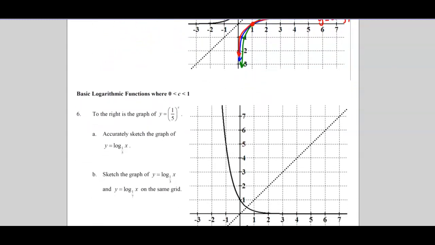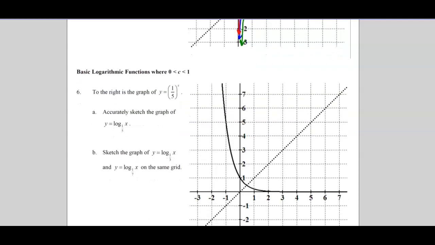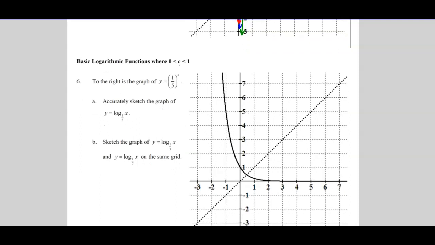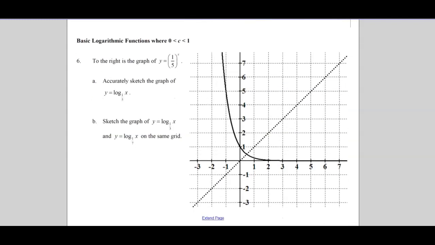Okay, so that's for c being positive and greater than 1. Now for c being between 0 and 1. Here's the 1/5 to the x graph. So sketching the inverse of that. Again, (0, 1) becomes (1, 0).